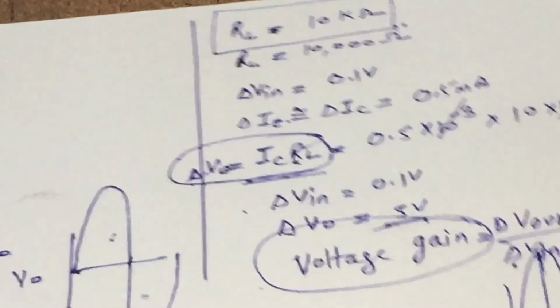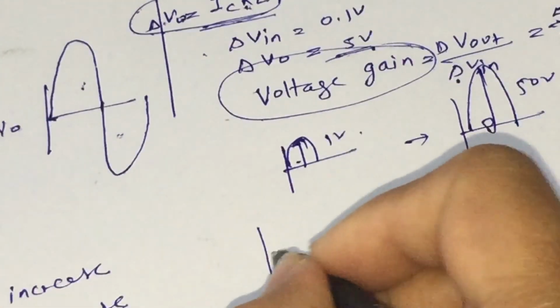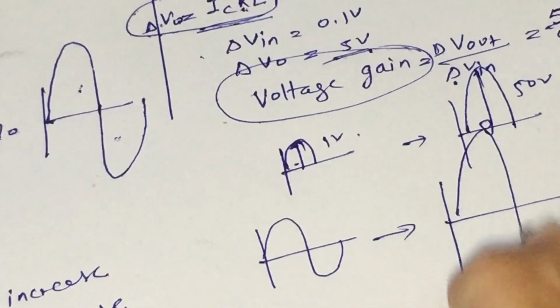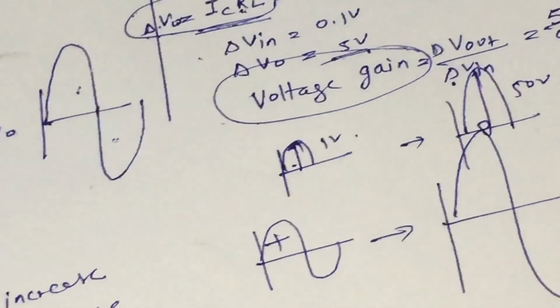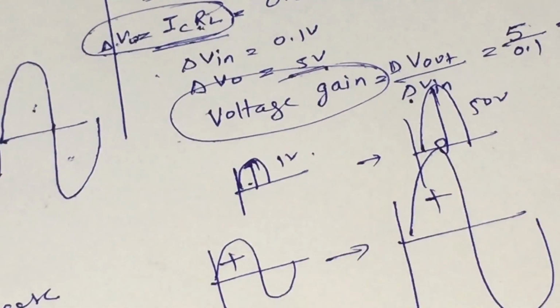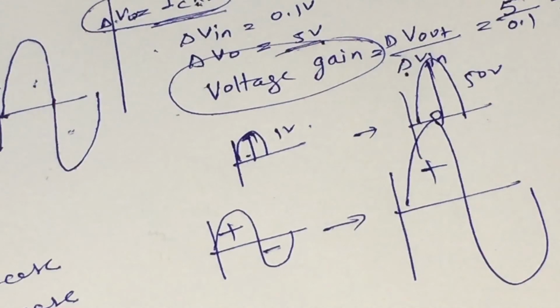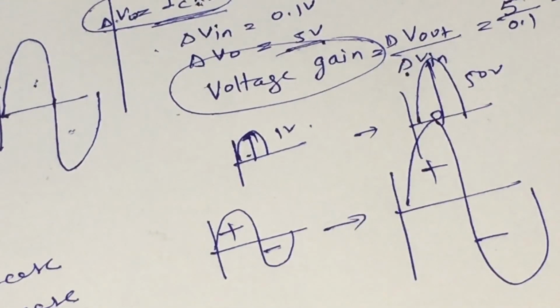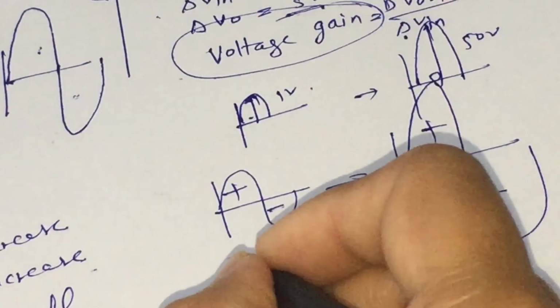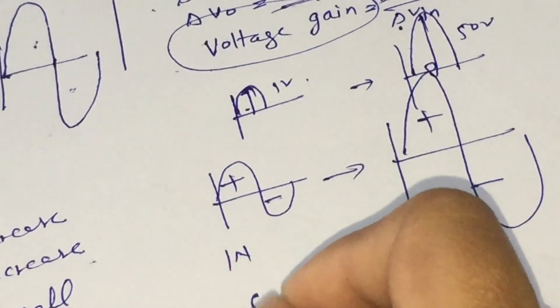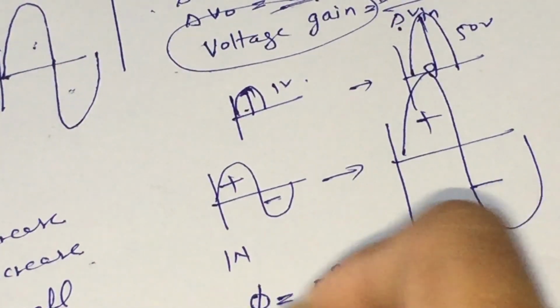There is no phase difference in case of common base amplifier. For a positive weak signal, we are getting a positive strong signal, and for a negative weak signal, we are getting a negative strong signal. It means in between input and output there is a phase difference of 0 degree.